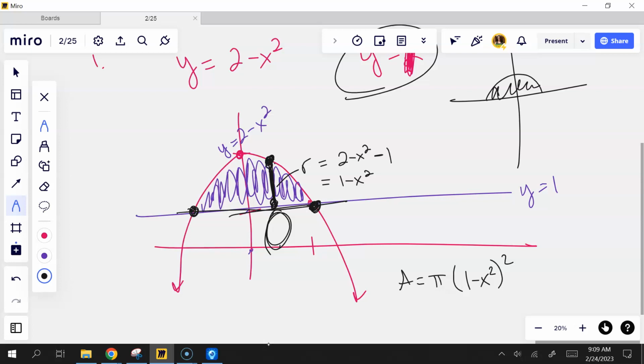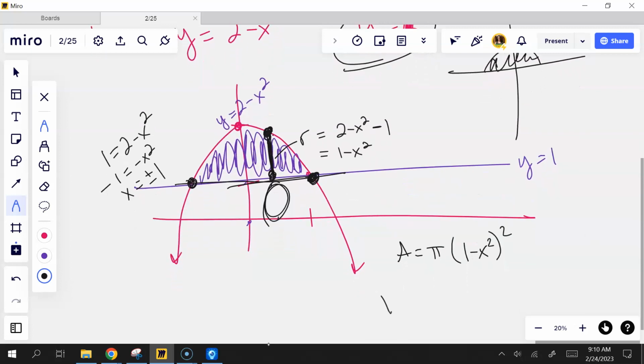So when y is 1, what is x? Yeah, it's plus or minus 1. I know you could look and tell, but if you had a more complicated equation, set them equal and find, right? Are y'all following me?